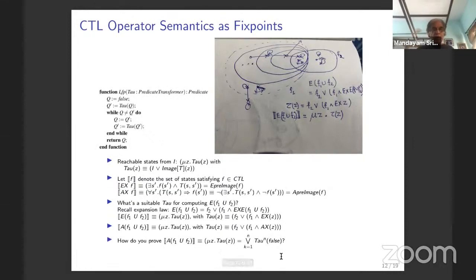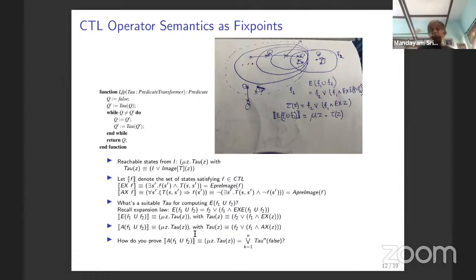Now, there's this question of how do you prove it. When I say it's mysterious, I mean we are computing it as a fixed point of this thing. Intuitively, you kind of understand why the set of states included in the fixed point are exactly those states that satisfy this CTL formula on the left side.